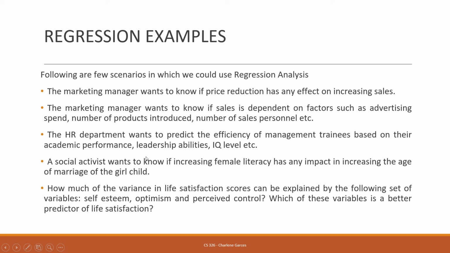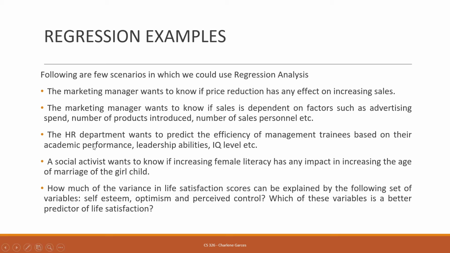This one is a multivariate regression. We have the academic performance, the leadership abilities, the IQ level, etc. We could say these are independent variables because they vary from person to person in terms of their academic performance.